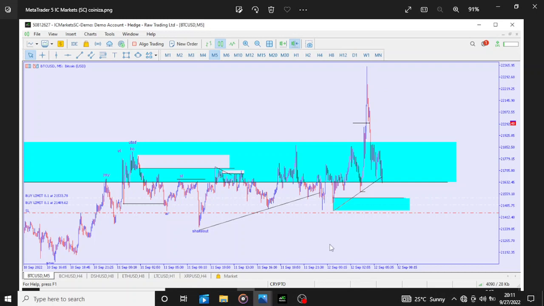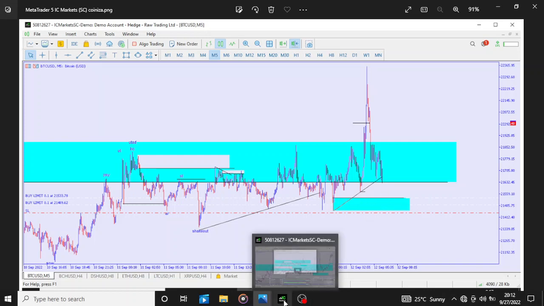Those are signs of a reaccumulation. The reason why I placed my orders around here is because, okay, let me get to the chart.